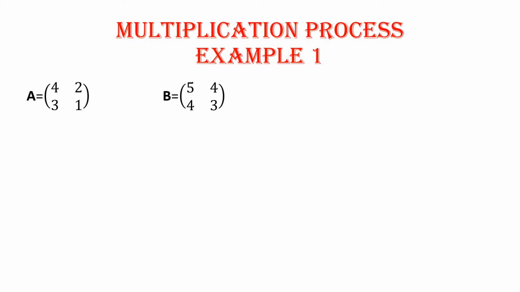Let me just show you how to multiply, and then I will also tell you what you should expect when you multiply. In this case, you have matrix AB. So the first thing you do, you state the order of A. A, again, is a 2 by 2. B is a 2 by 2. So the number of columns is equal to the number of rows.